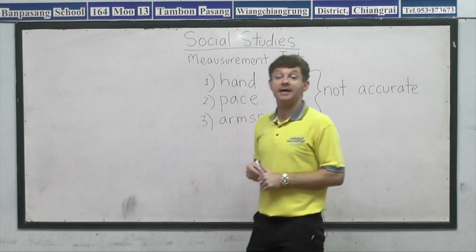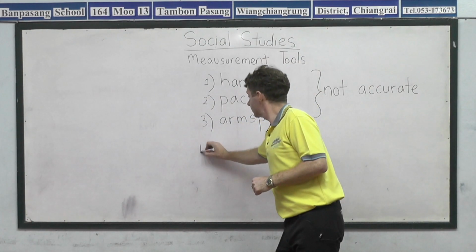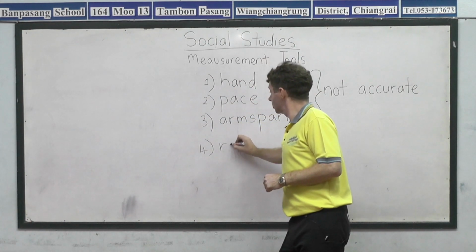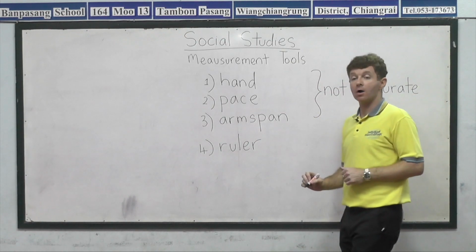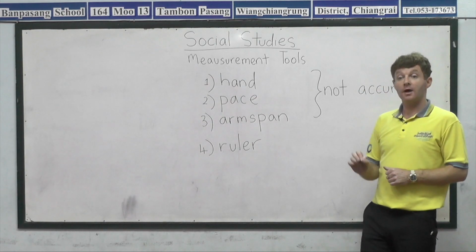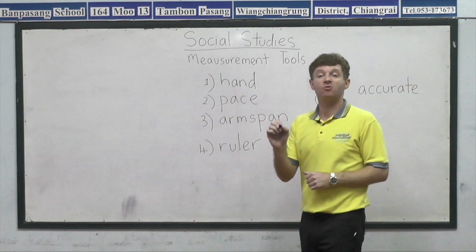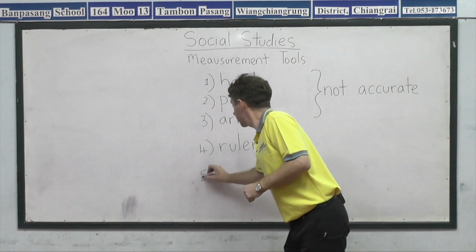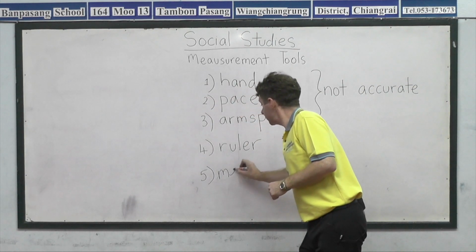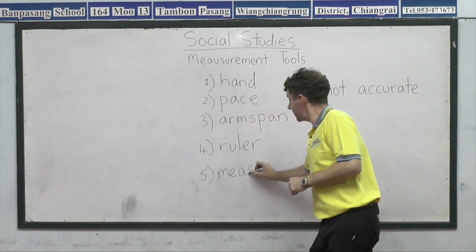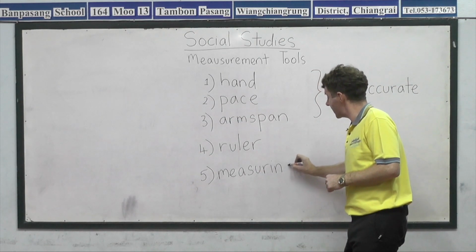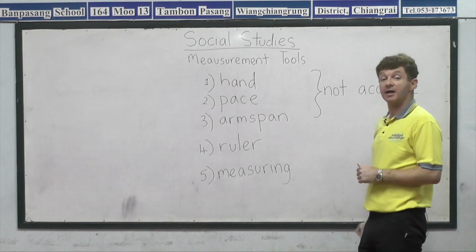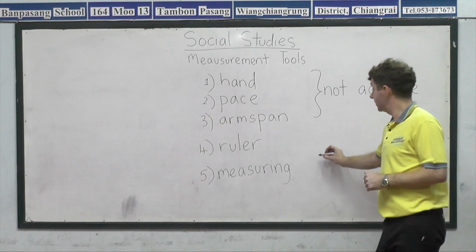How about a ruler? R-U-L-E-R. Ruler. And number 5, measuring tape. M-E-A-S-U-R-I-N-G. Measuring.